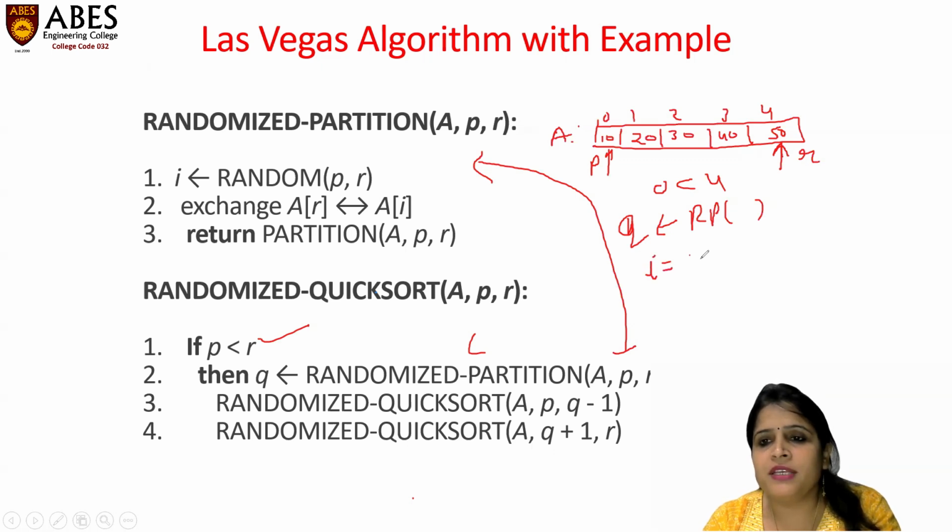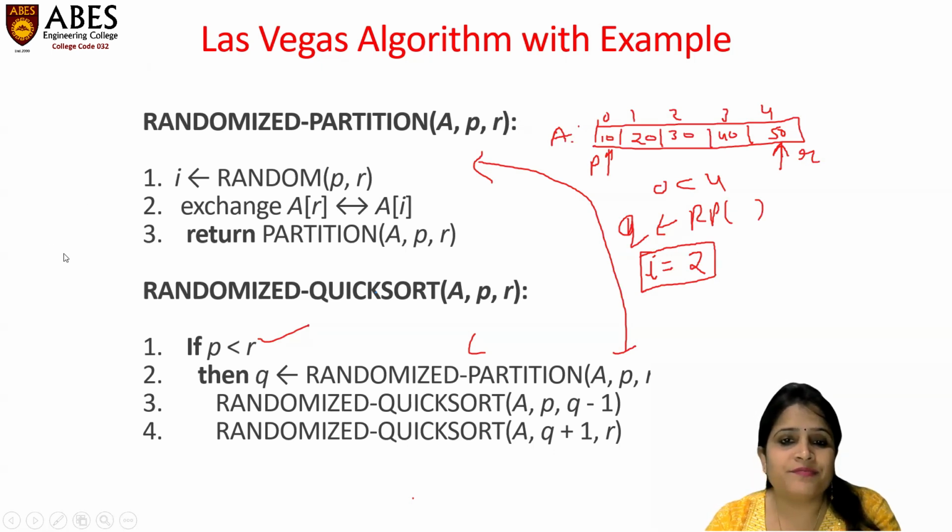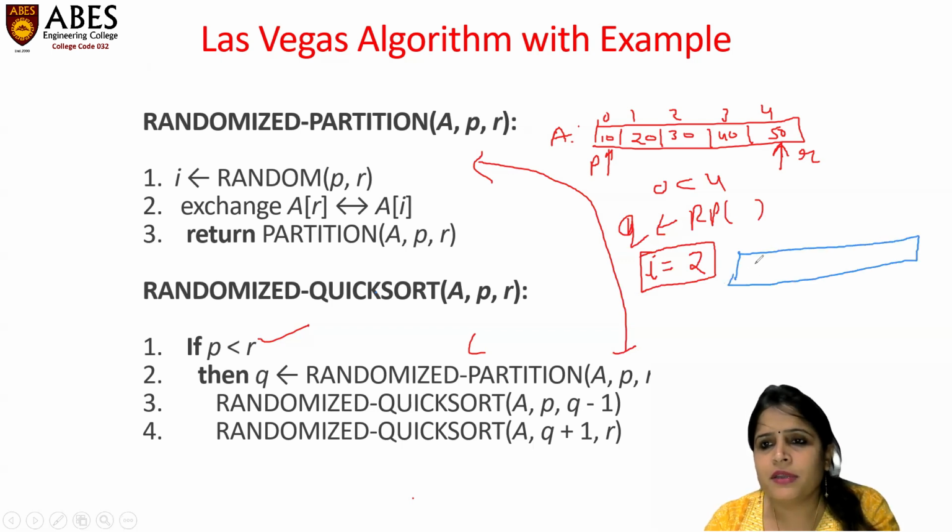Suppose the random function generates the index value I as 2. Then we exchange A of R with A of I. Our output array is like this: A of 2 is 30, then 10, then 20, then 40 and then 50, at indexes 0, 1, 2, 3, 4. This is your array after swapping.